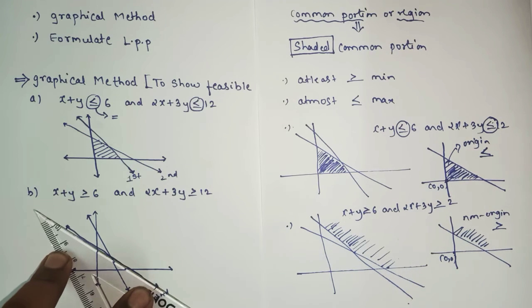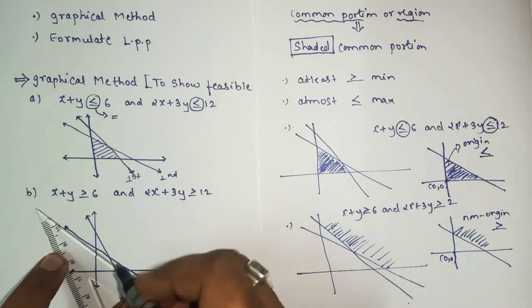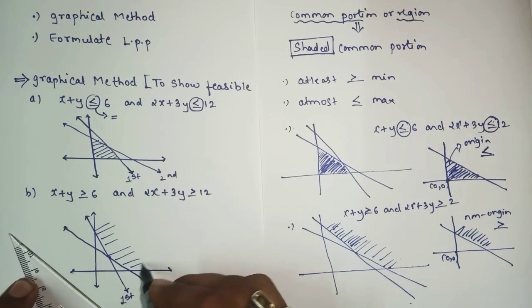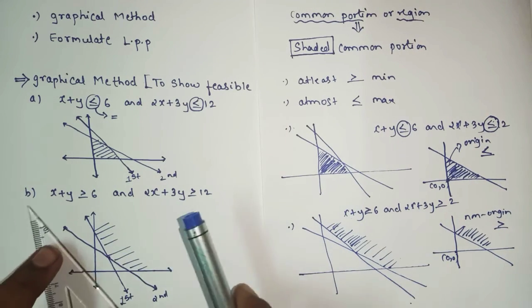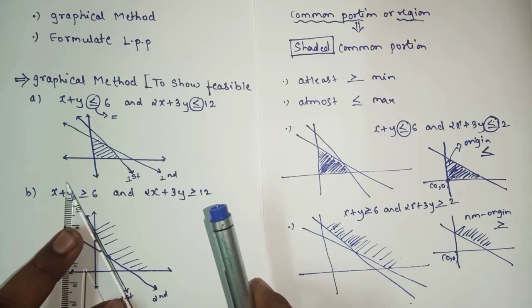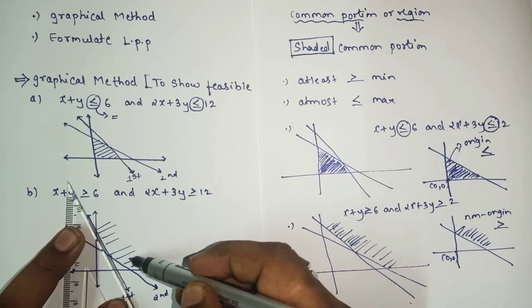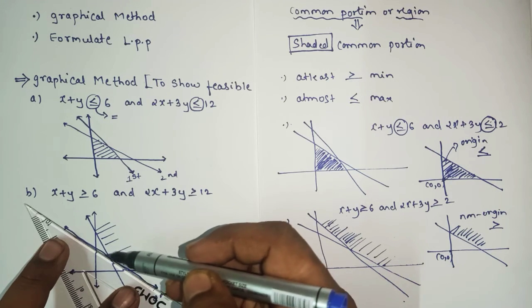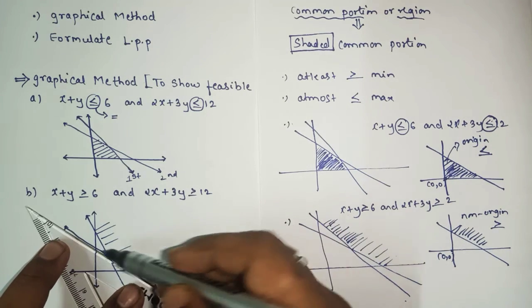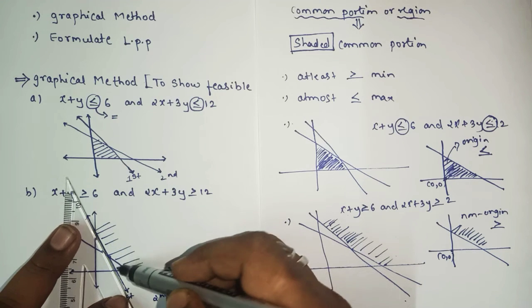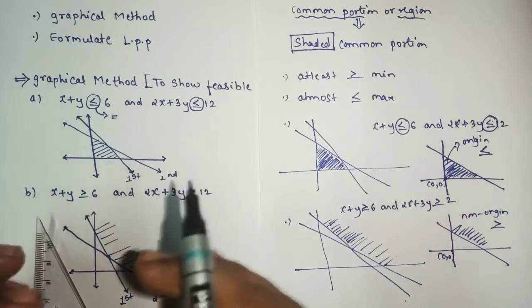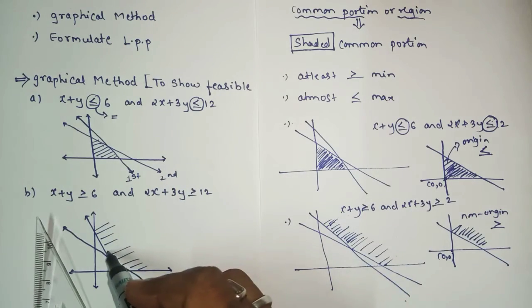So here clearly we can see that the common portion is this section. Yes or no? For the first one, it was this and this, and for the second one, this and this. So clearly the common region, the point of intersection of the shaded regions, comes this side.